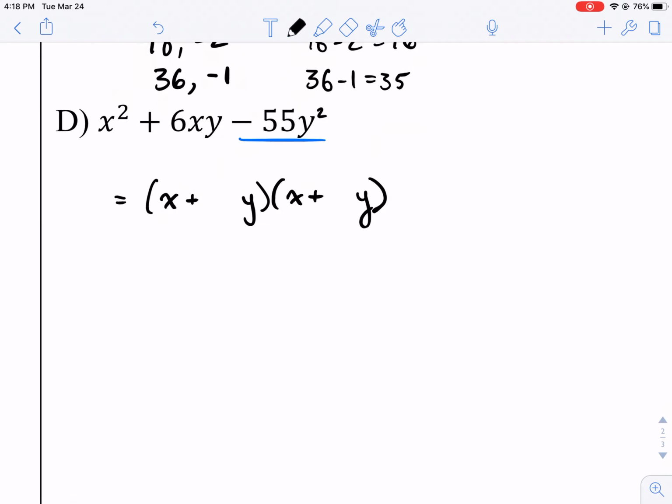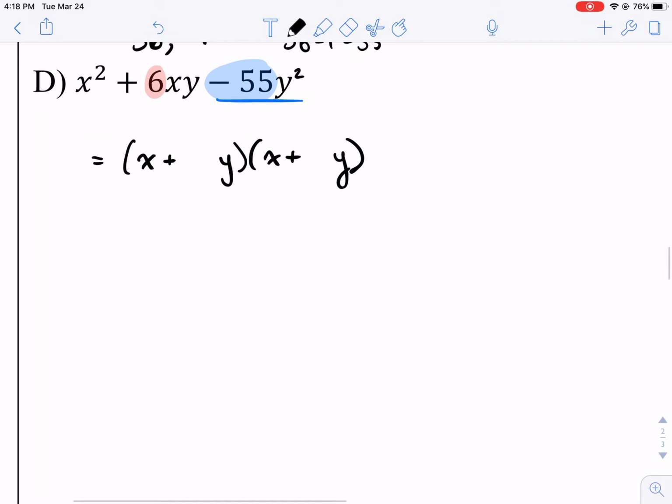Okay, but the same process goes. We need to find something that adds to 6 and multiplies to negative 55. So let's do that same thing all over again. We need to find factors of 55 that add to 6.